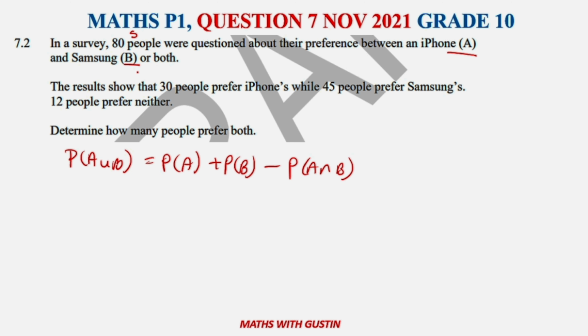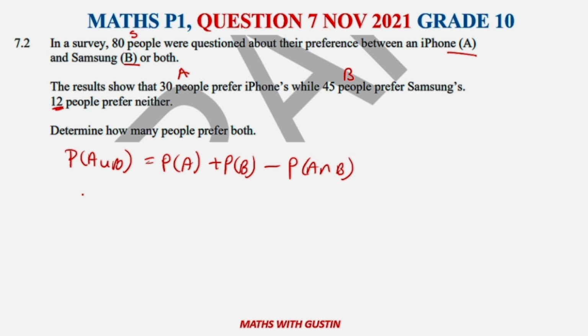These ones are A, they prefer to use iPhone. These ones are B, they prefer to use Samsung. These ones don't prefer to use any of the phones.